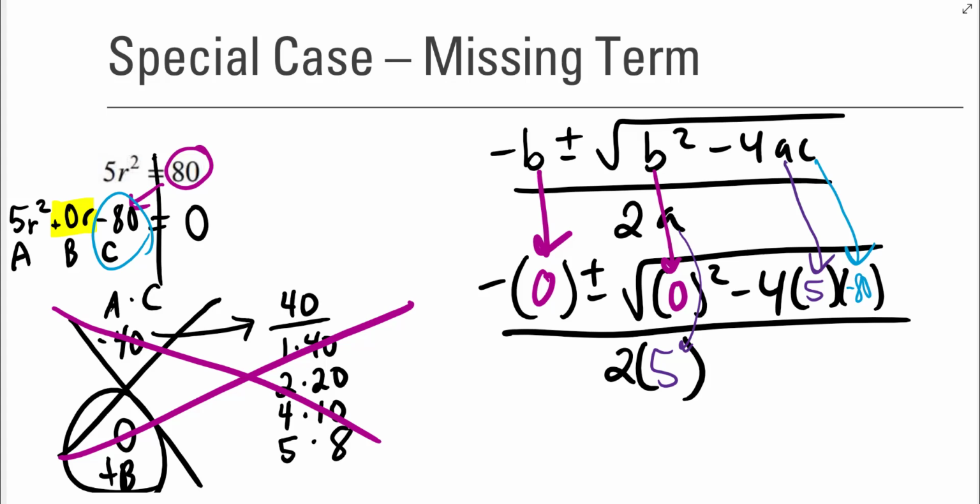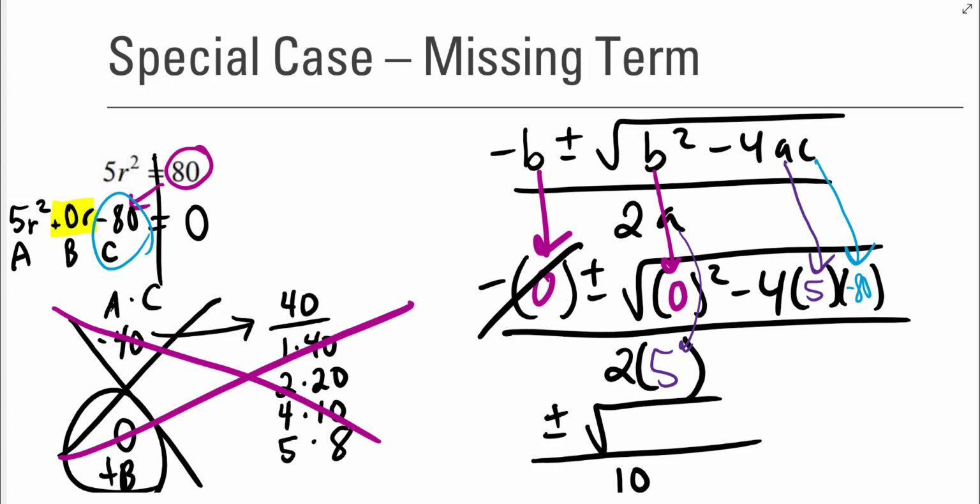Okay, so again, with this negative 0, we can cancel it out, but do not get rid of your plus or minus. 2 times 5 would be 10, and then I have the square root of 0 squared minus 4 parentheses 5 parentheses negative 80.